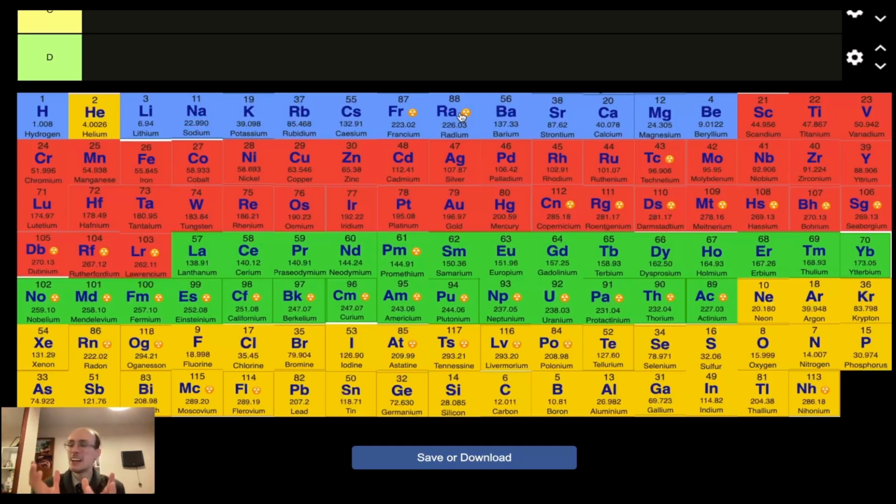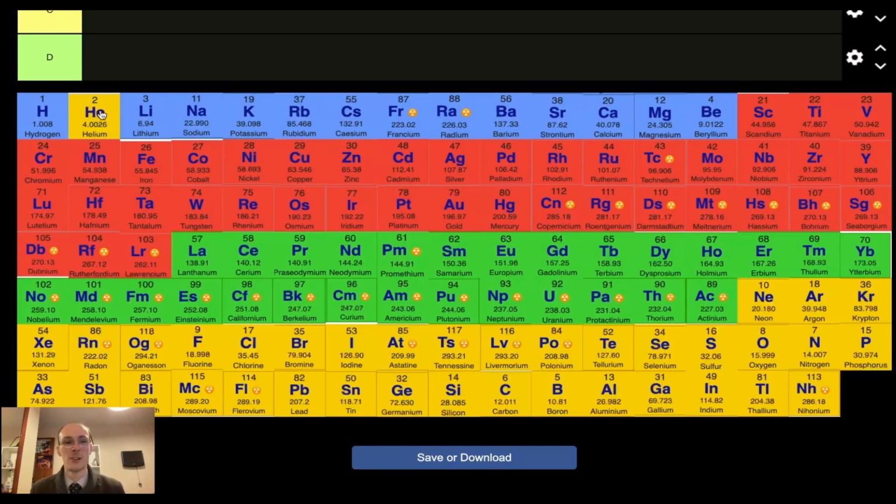But this nebulous cloud, to help us understand it, can be subdivided into different energy shells. And these dictate the periods that the elements are in. Because obviously if you look at the periodic table, it's not just a complete square. So the ones with an S shell on the outside are these blue elements here.